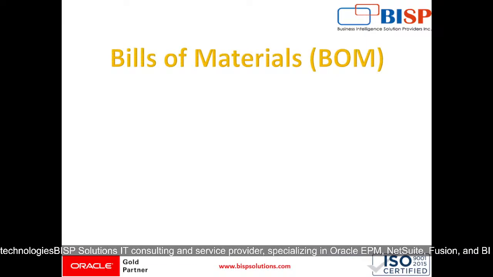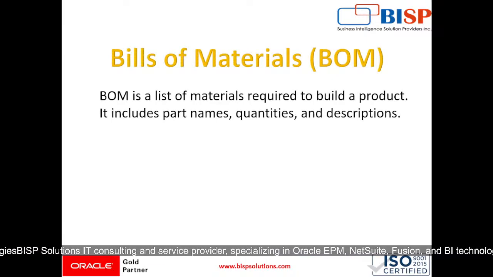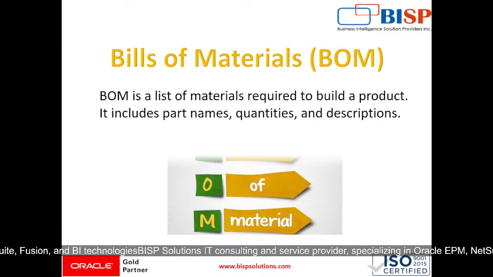First comes our bills of materials, where a BOM is a list of materials required to build a product. It includes part names, quantities and descriptions. For example, to manufacture a laptop, the BOM would contain 1 unit of screen, 1 unit of processor, 2 units of RAM and 1 unit of battery.